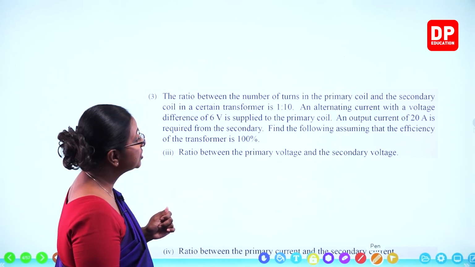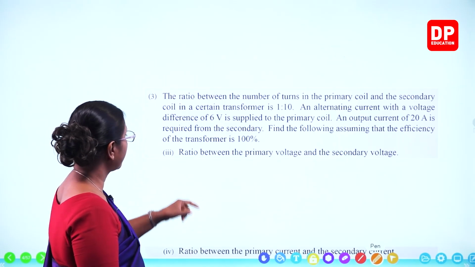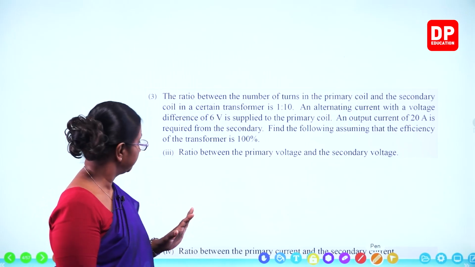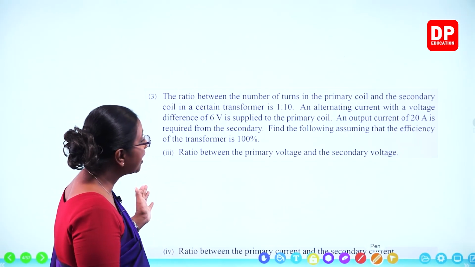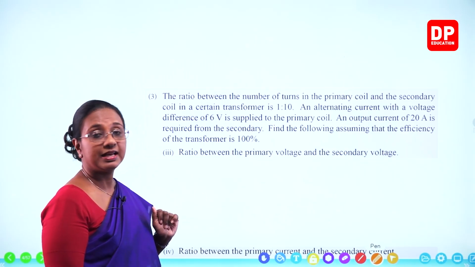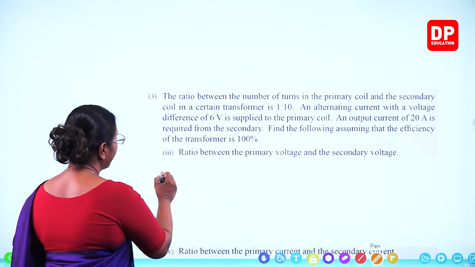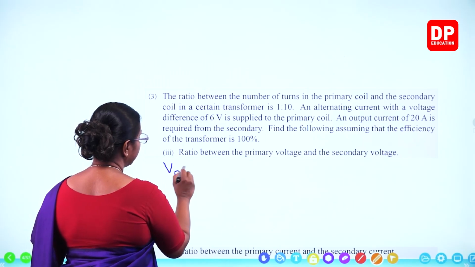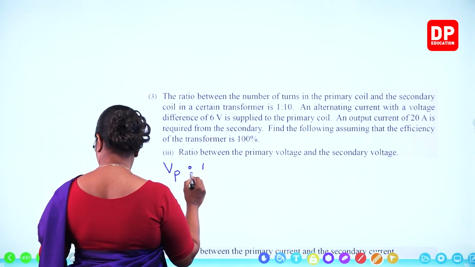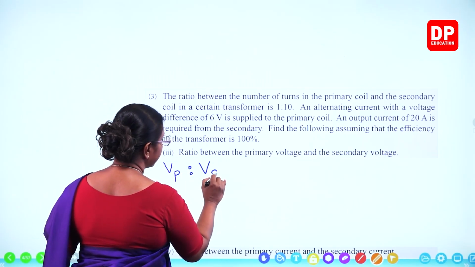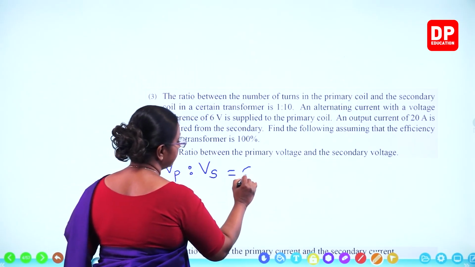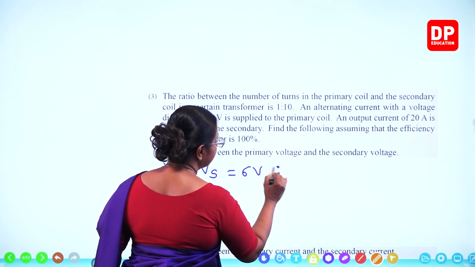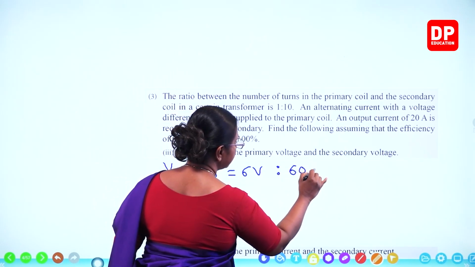Find the following, assuming that the efficiency of the transformer is 100%. Now the third part, the ratio between the primary voltage and the secondary voltage. So V primary is to V secondary.